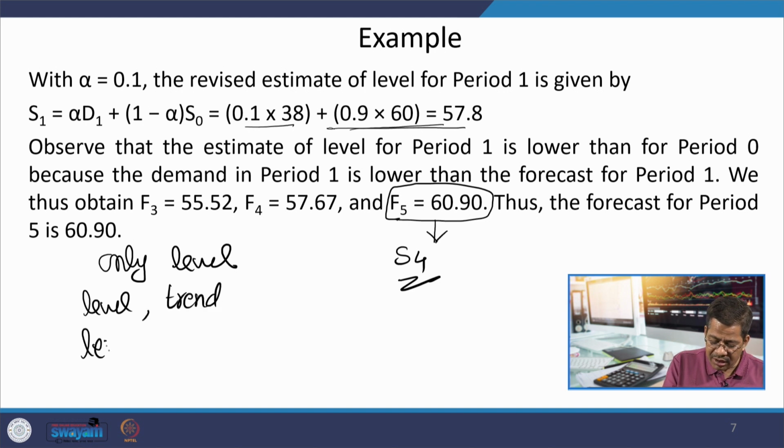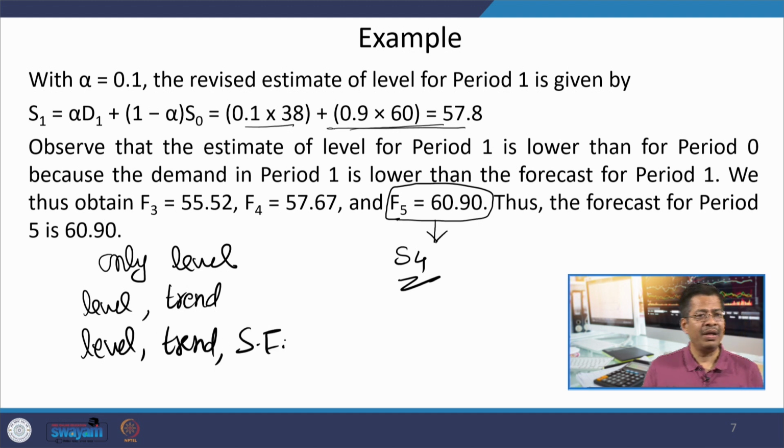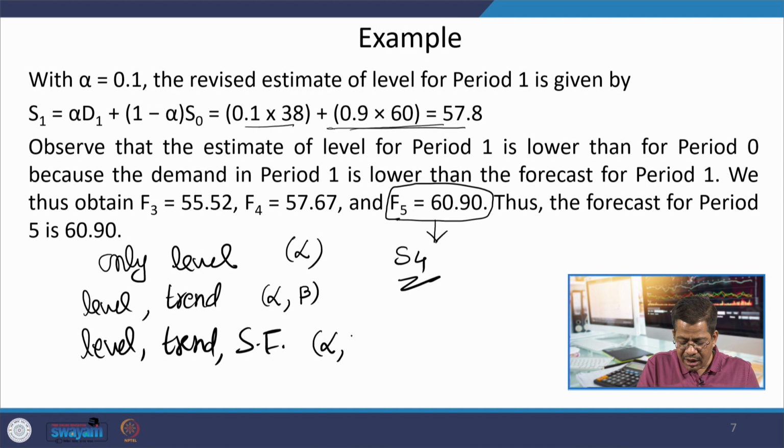You can use level, trend, and seasonal factor also, and there may be fluctuations in trend and in seasonal factor also. So, here you are using only alpha, here you will use alpha and beta, and here you will use alpha, beta and gamma also. So, depending upon how many different types of characteristics you are taking in your past data, more smoothing constants may be required.